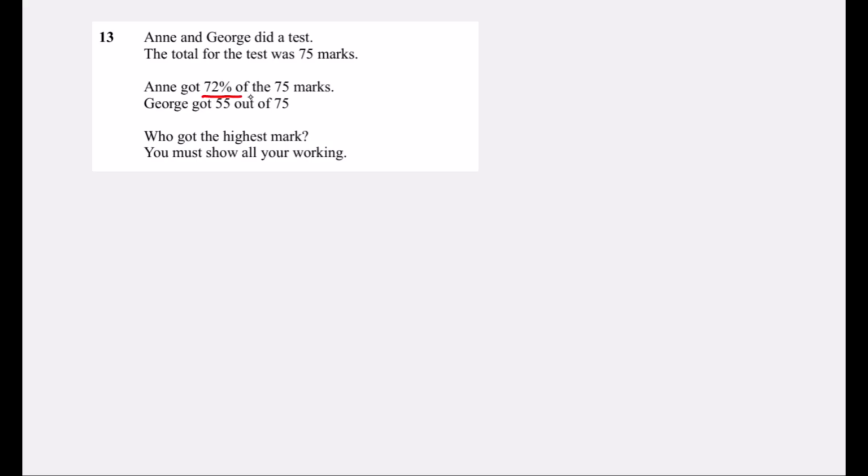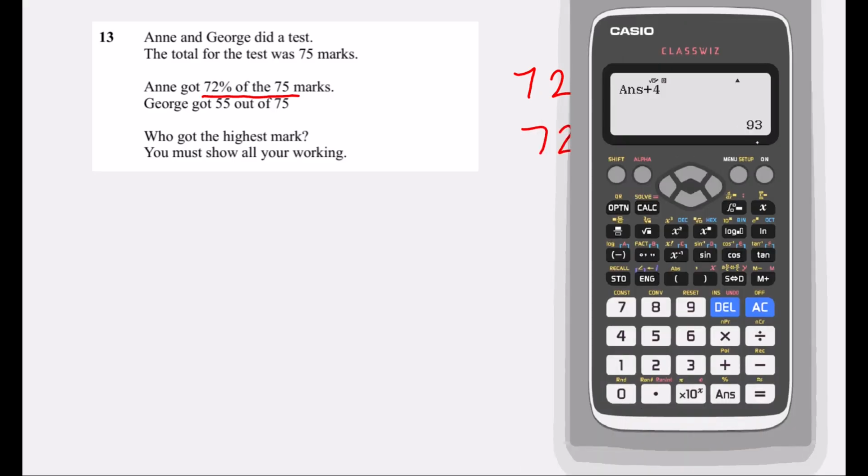So we need to know what 72% of 75 is. So we can do 72% times 75, which gives us 54.